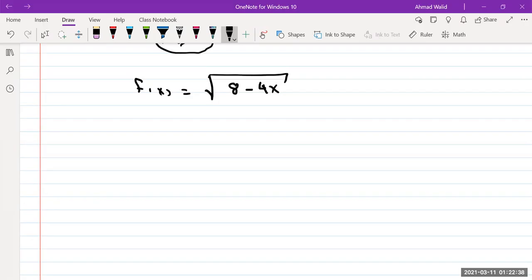Let's find the domain. 8 minus 4x greater than or equal to 0. Now subtract 8 from both sides.